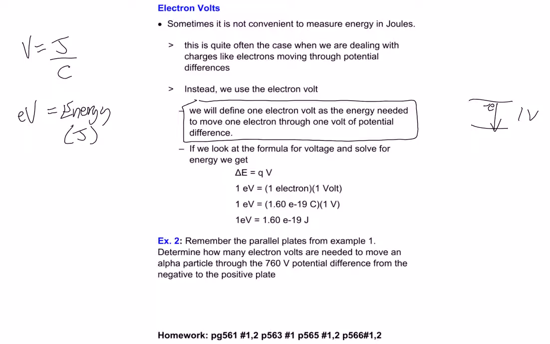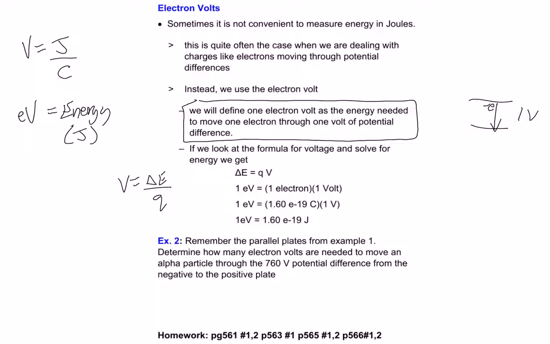If we figure out how much that works out to, we can use our formula we just had, V equals E over Q. So we're just going to solve it for energy: V times Q, or Q times V. We do 1 electron times 1 volt. We know the charge on 1 electron is 1.6 times 10 to the negative 19.